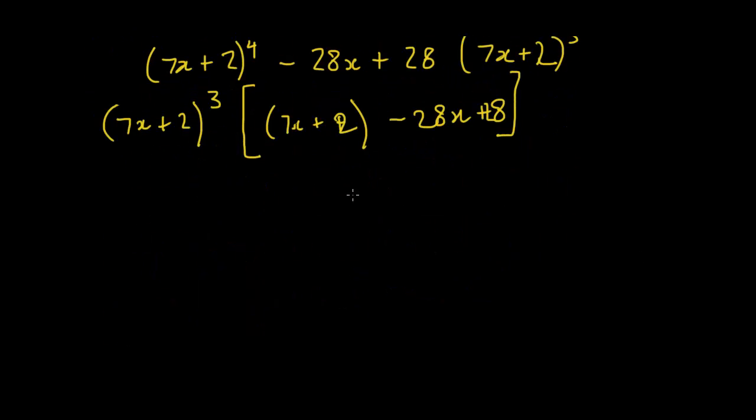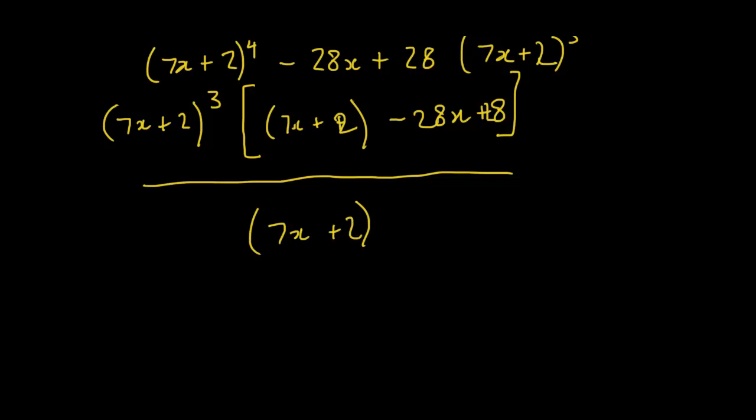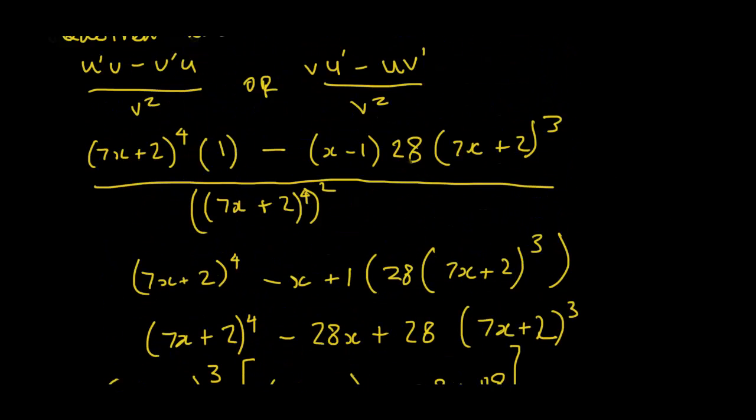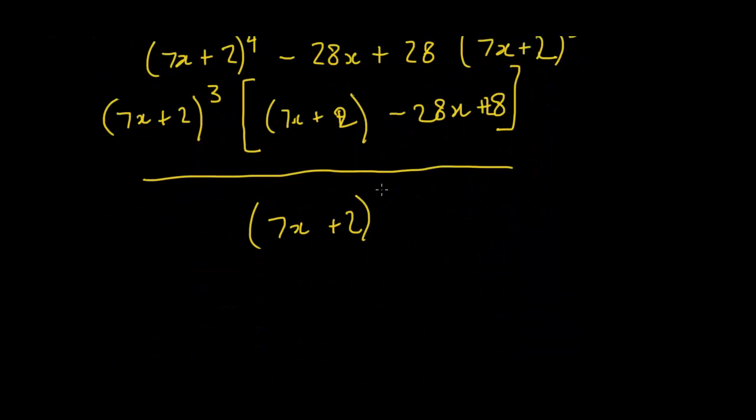Now, since it's over (7x plus 2) to the power of 8, we can simplify this. With indices laws, you times the 4 and 2 together, so you get 8.